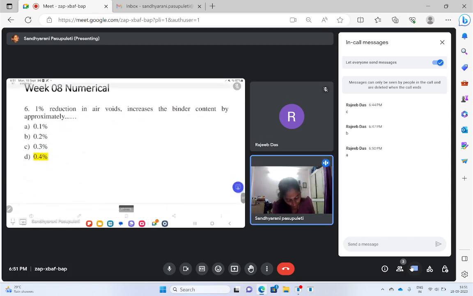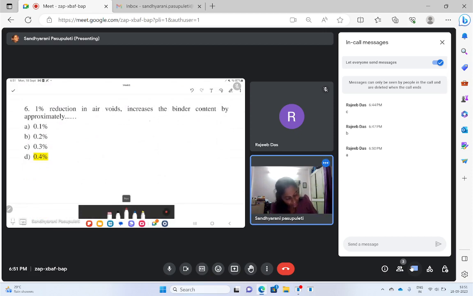So I have to add a minimum of 0.4% of bitumen content. There was also another observation: if I increase the air voids by 1%, VMA will increase by around 0.1 to 0.2%.